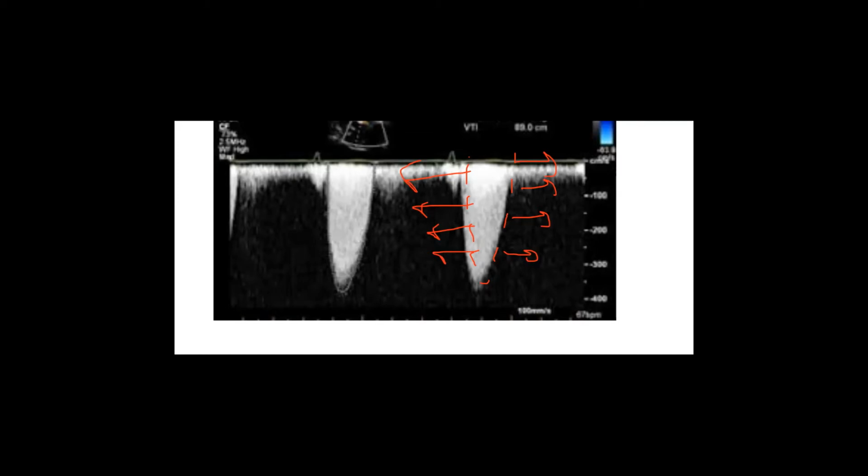So the max pressure gradient relies on a single peak velocity. The mean is an average of multiple velocities across the envelope of the spectral signal. Okay? You get this one? Yes. Okay. Good.